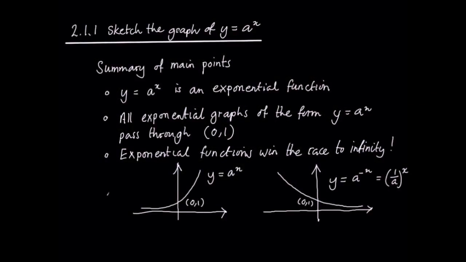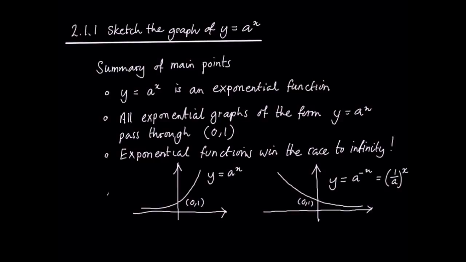To summarise what we saw in the animation then, y equals a to the power of x is an exponential function. A is called the base, and x is called the index, or the exponent. All exponential graphs of the form y equals a to the power of x pass through the point 0, 1. That is, they have an intercept of 1 on the y-axis. Also, exponential functions win the race to infinity.